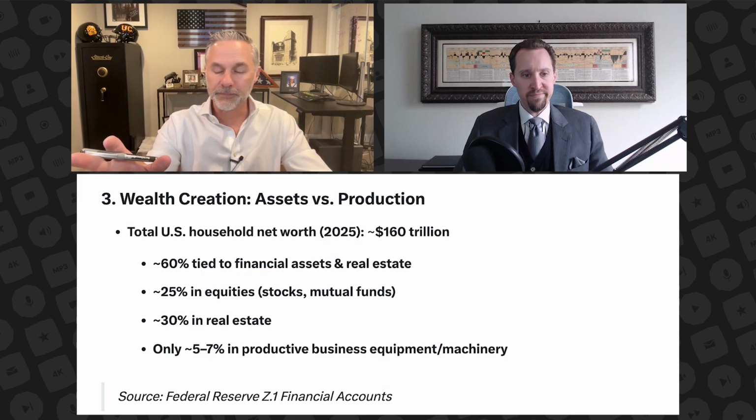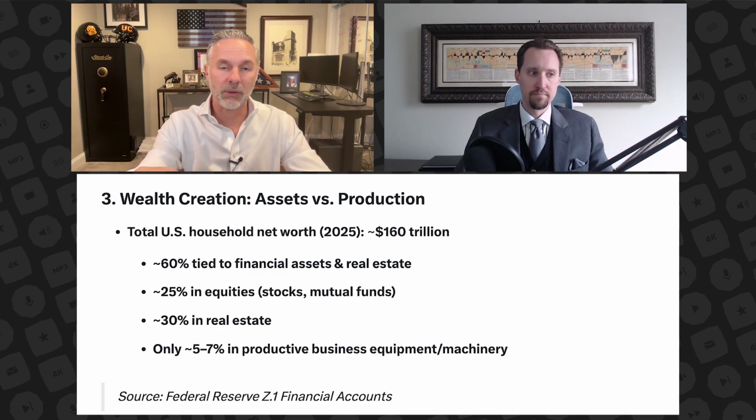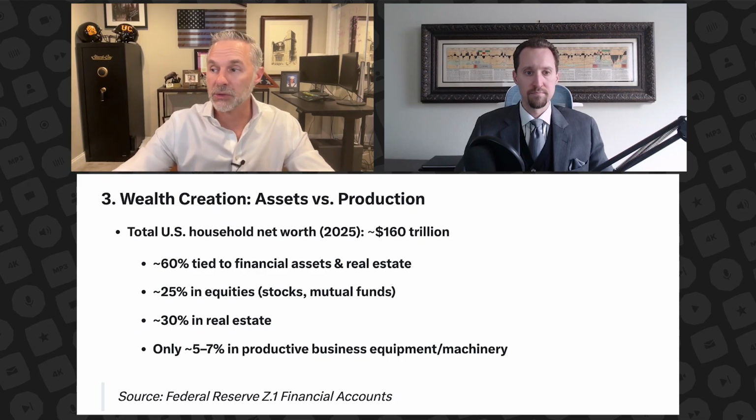I'm all for it. But the bottom line is, why is wealth creation focused on assets and those that hold assets and hold stocks and hold bonds and hold real estate? Well, 60% of the financial assets and 60% of that wealth creation in the country is tied directly to financial assets and real estate. 25% is tied directly to equities, right?